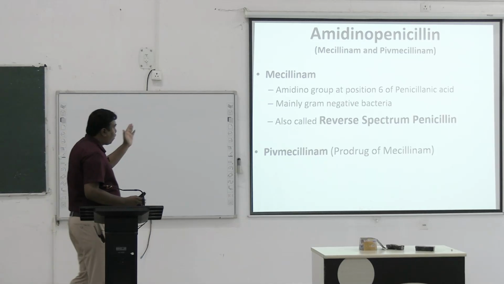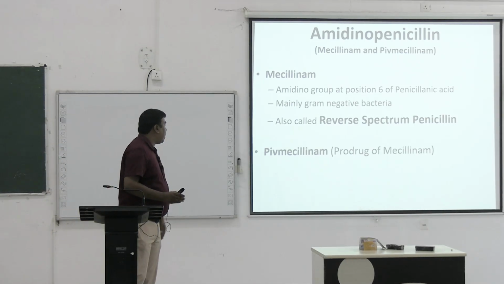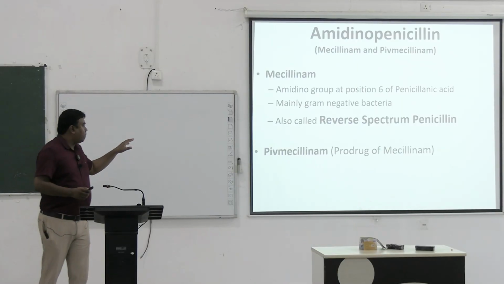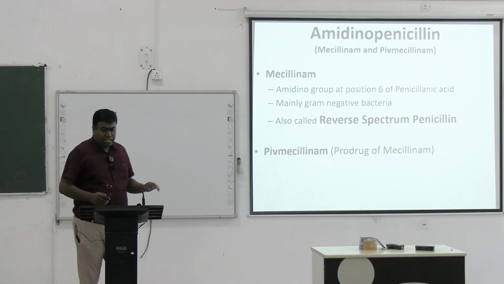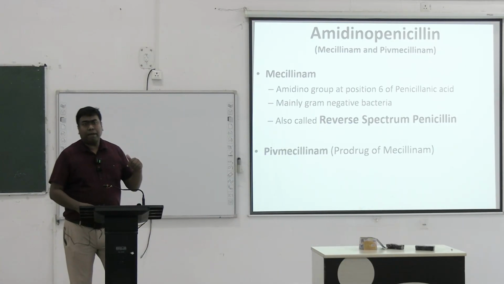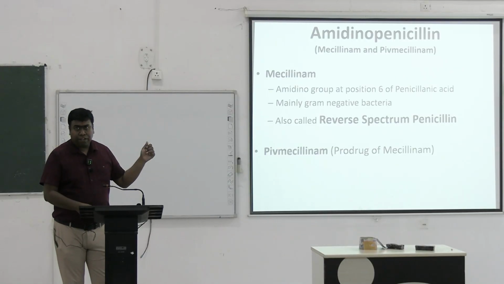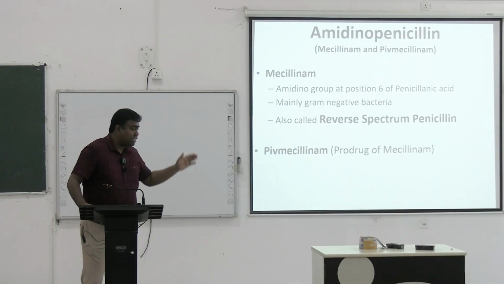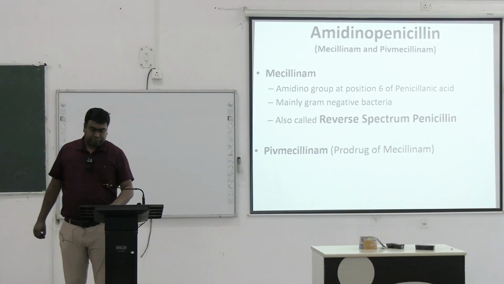That means they cover primarily gram negative. Methicillin and Piperacillin is the characteristic drug in this group. Though they have a beta-lactam ring, they cover more gram negative. So it is called reverse spectrum penicillin.